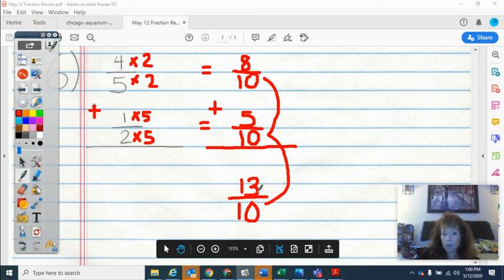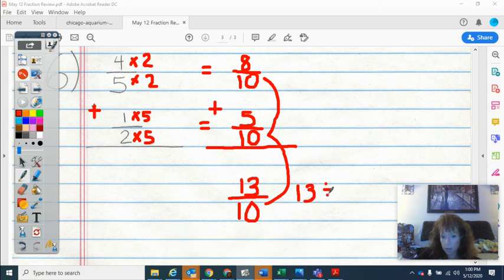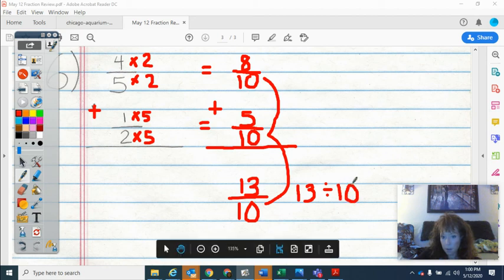So how many groups of 10? This is basically 13 divided by 10. How many groups of 10 can I get out of 13? This means 13 divided by 10. Okay, another way to simplify this is I have 13 things.